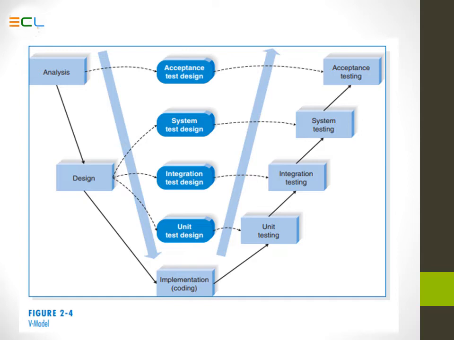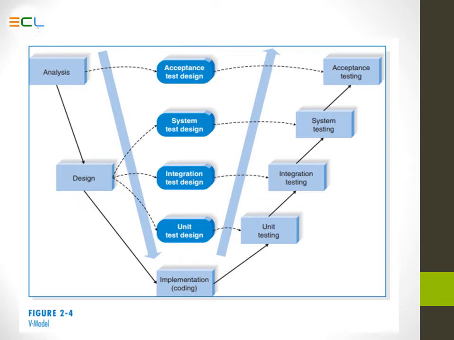You can see that this is figure 2.4, which is the V-shaped V model, and as we already discussed, the different phases of the SDLC are the analysis phase, design phase and implementation phase. When we talk about these phases in this V model, once we have completed the requirements for the analysis phase, this phase will go on to the test.